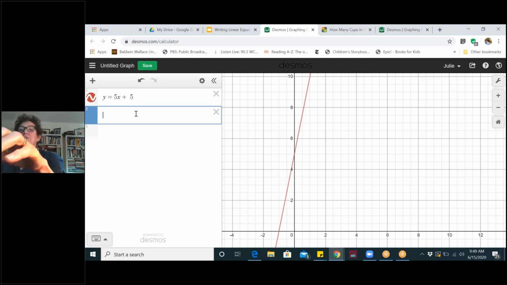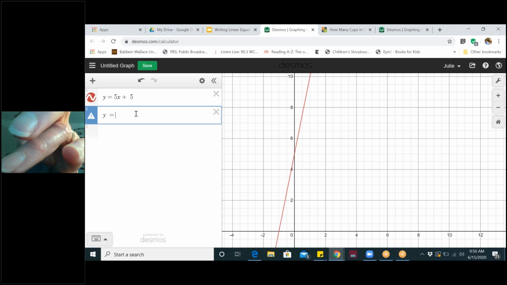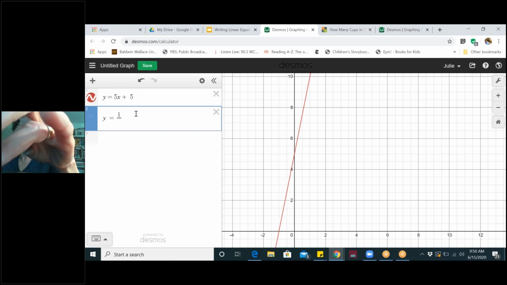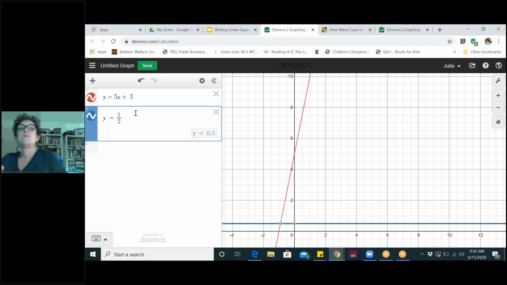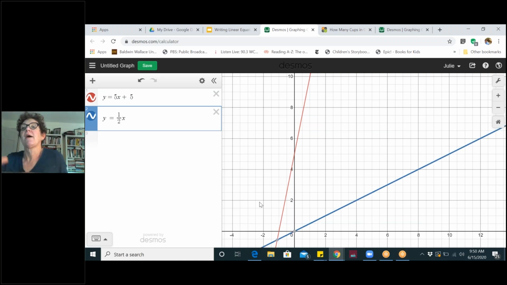That makes it a function. So y equals, I'm going to do a slope that is a fraction because we see that a lot. 1/2 x.